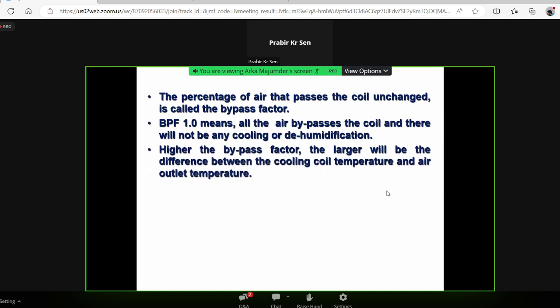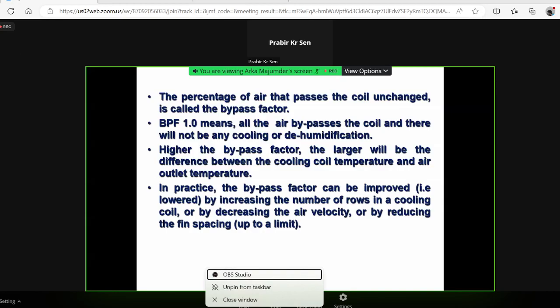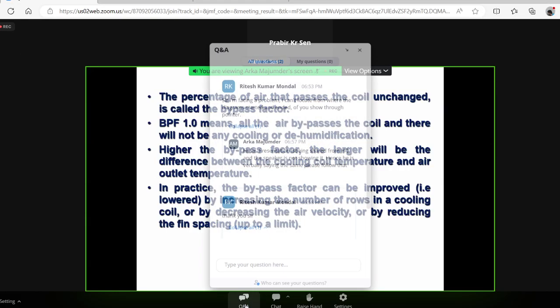The higher the bypass factor, the larger will be the difference between cooling coil body temperature and air outlet temperature. That means it will have a larger difference between the apparatus dew point and the cooling coil outlet temperature. Just absorb it, what I am telling. I am giving a little pause. Just think and absorb what I am telling.